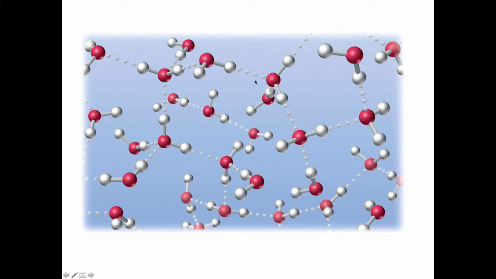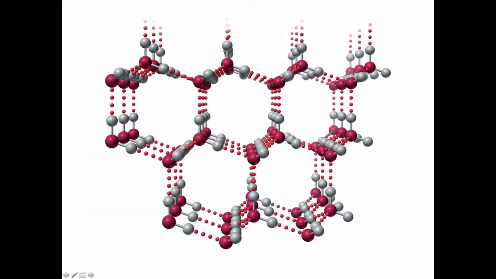Here are some water molecules in liquid form showing the bonds between hydrogen and oxygen within the molecule and the hydrogen bonding, i.e. that extra specially strong intermolecular force from one molecule to the next. And when water solidifies, it makes this sort of open structure that maximizes the hydrogen bonding.